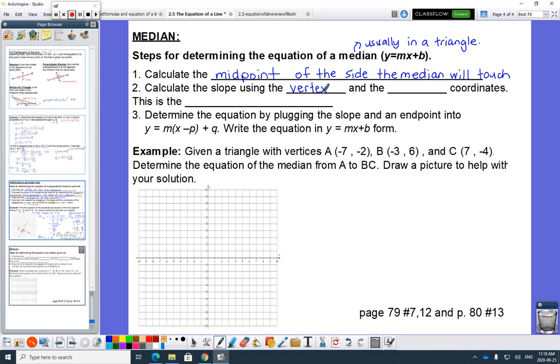And the midpoint. This is the slope of the median.